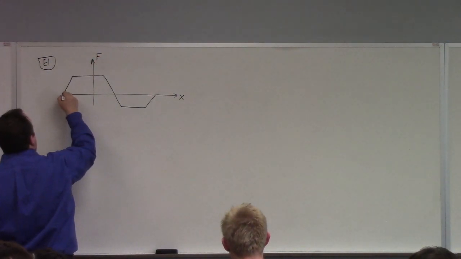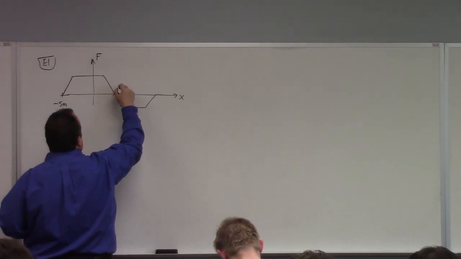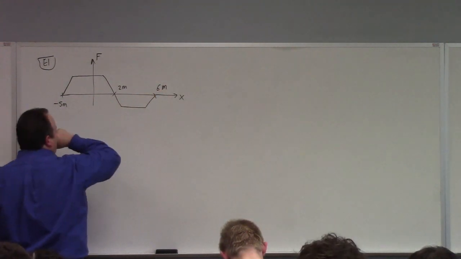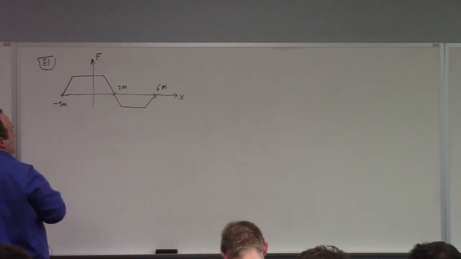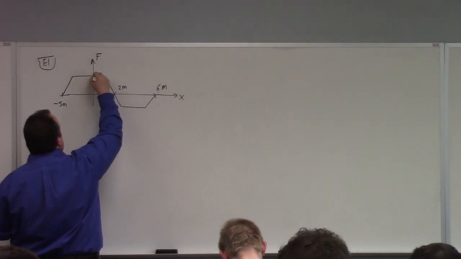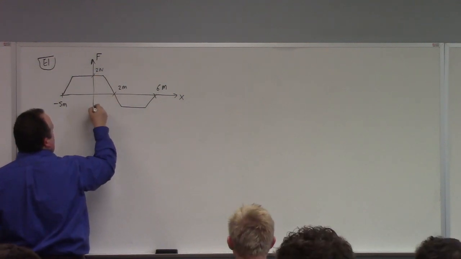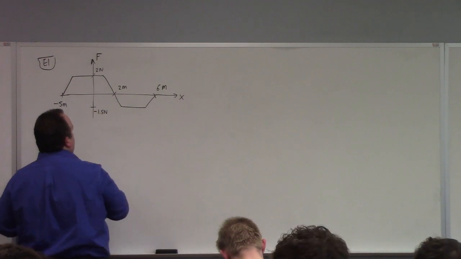And let us suppose that this is minus 5 meters, that this is 2 meters, this is 6 meters. All right? And let's suppose that this is 2 newtons, and this down here is minus 1.5 newtons. All right?